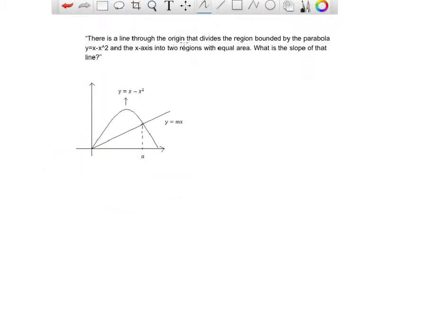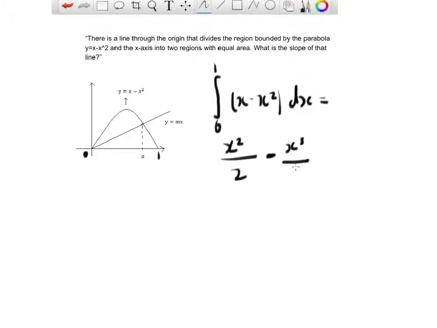Well, since all we're given in this problem is about area, we should probably find the total area of the region. And that's going to be using calculus. As we know, this parabola goes from 0 to 1 in the positive x and y axis. So, to find the area of the region bounded by this parabola and the x-axis, we find the integral from 0 to 1 of x minus x squared dx, don't forget the dx, equals, well, as you know in calculus class, x squared over 2 minus x cubed over 3, as x goes from 0 to 1.